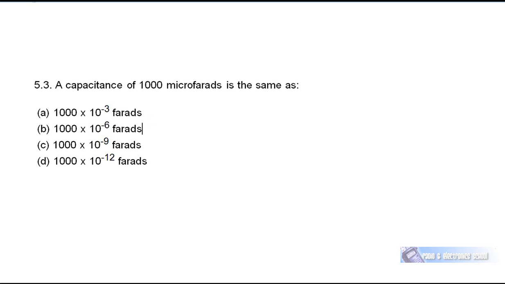So the answer is B. 10 to the minus 3 is milli. 10 to the minus 9 is nano, and you can get capacitors in nanofarads. That's a thousandth of a millionth. That's a nanofarad, and that's a pico.